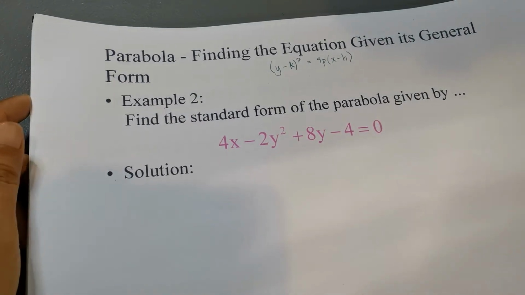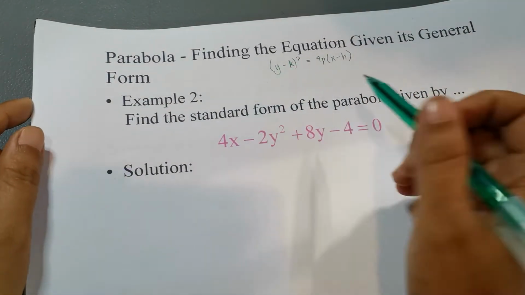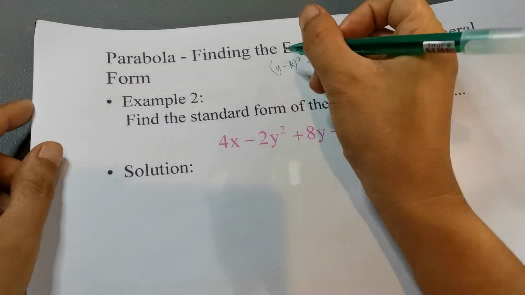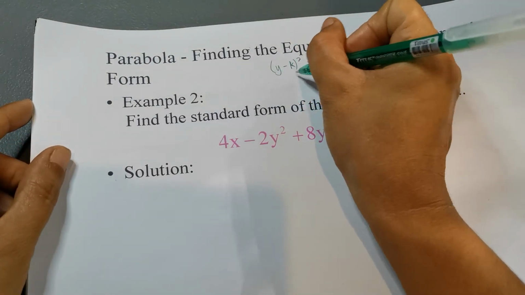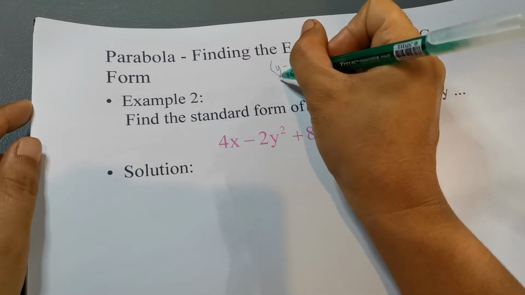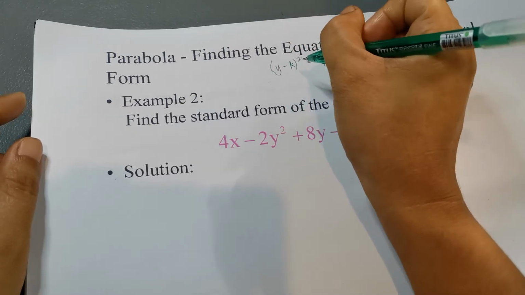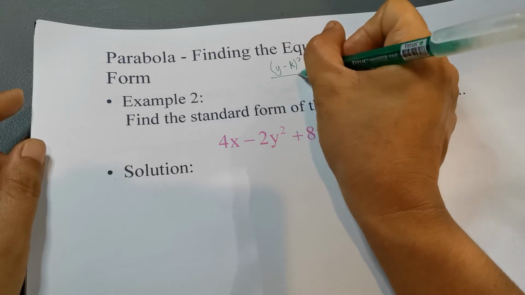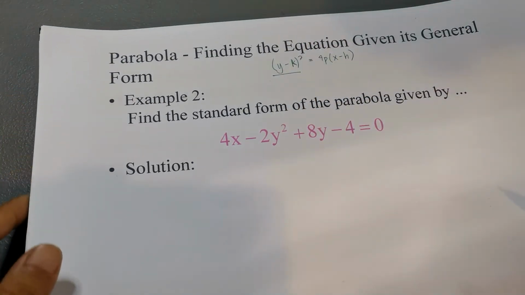So we just need the variable y to be written in the square of a binomial form. How are we going to do it?